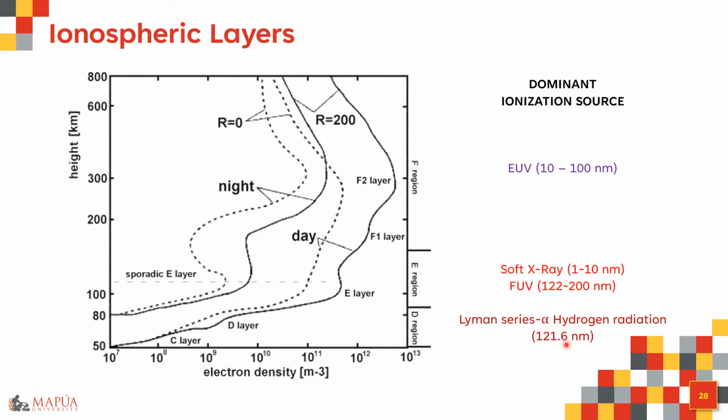The UV emission spectrum, specifically at 121.6 nanometers, is the main wavelength responsible for the formation of the D layer, and to some extent that very minor layer, the C layer.